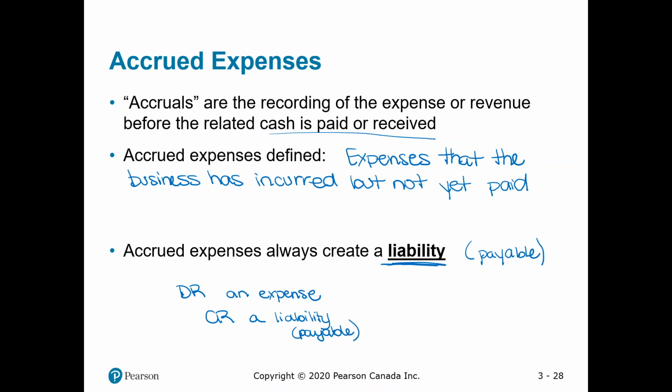Obviously you need to be more specific when you have a real question. You can't just say expense, you need to say what kind of expense, but you will always debit some type of expense, credit some type of payable.